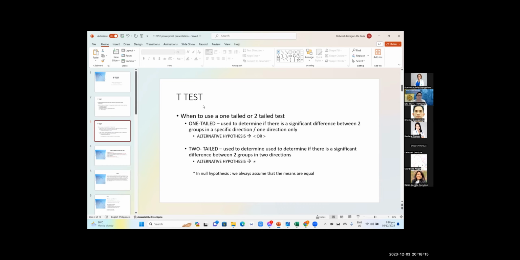And for the two-tailed test, we use this to determine if there is a significant difference between two groups. And for the alternate hypothesis, we only want to check if there is a significant difference between the two. In the null hypothesis, we always assume that the means of the two groups are equal.